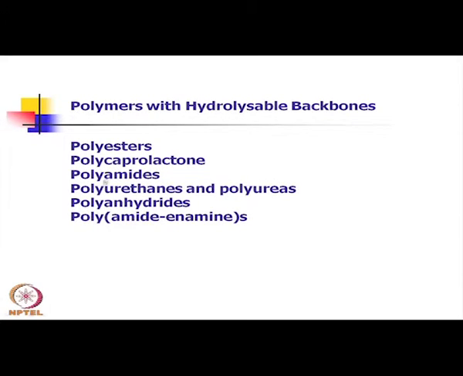Now, let us see examples of polymers having hydrolyzable backbones, which can be degraded by hydrolysis. These are polyesters, polycaprolactone. This is another kind of synthetic polyester made from epsilon caprolactone by ring opening polymerization. Polyamides have peptide linkage, the linkage in proteins.